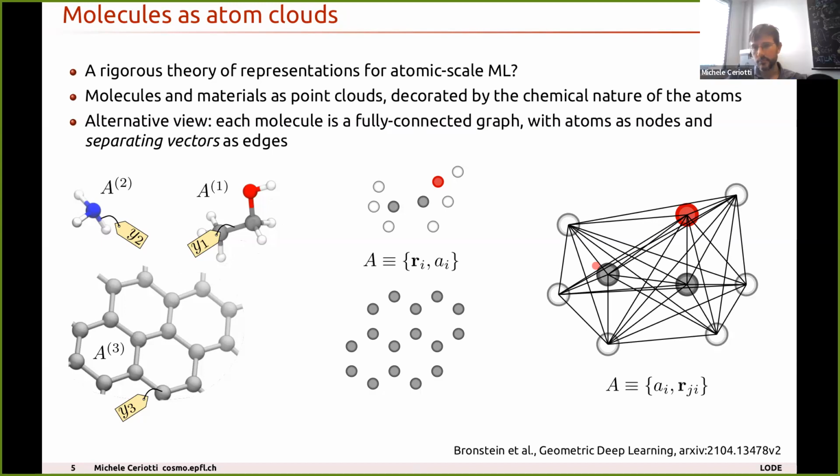Yes. And also your picture here on the right shows, if I understand correctly, all edges, so a complete graph on all atoms. Yes. So may I ask, when you work in practice, do you use only covalent bonds, or do you use all pairwise interactions?